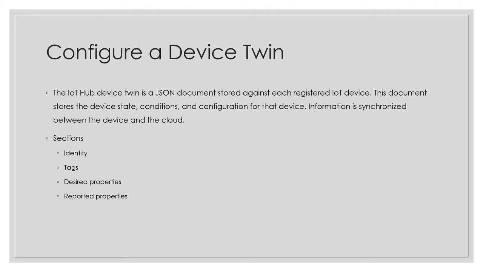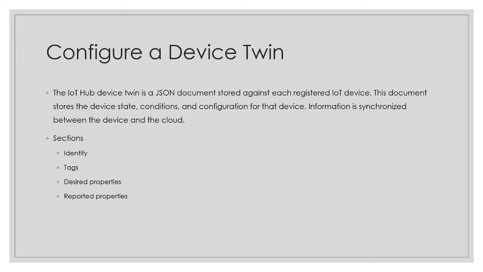When coming to the device twin feature, if you are creating an Azure IoT Hub using the free tier or the standard tier, you will get the features of Azure device twin. If you are creating the IoT hub using a basic tier, you will not get the feature of device twins. The device twin allows synchronization between both the device and the cloud.